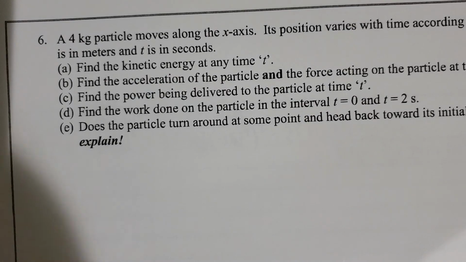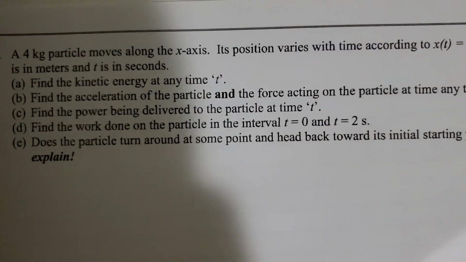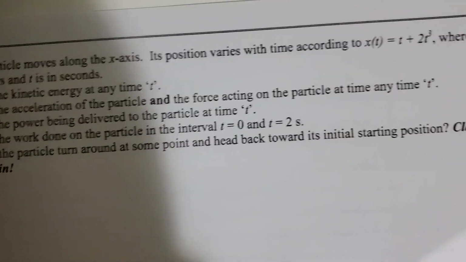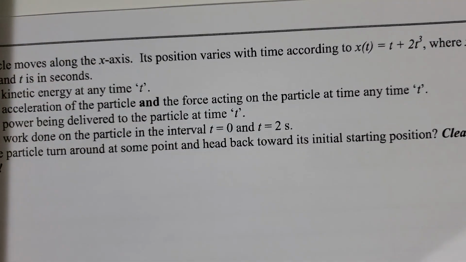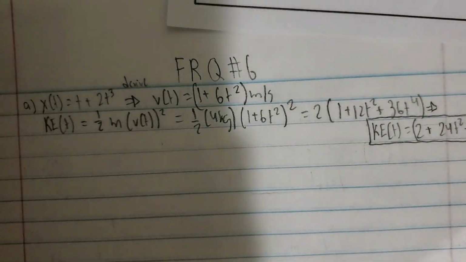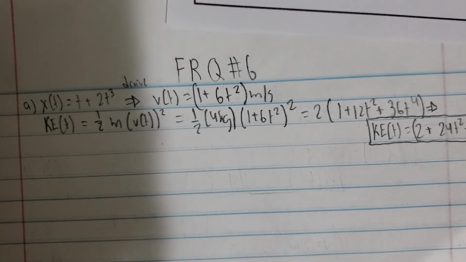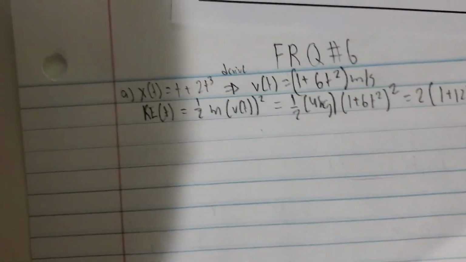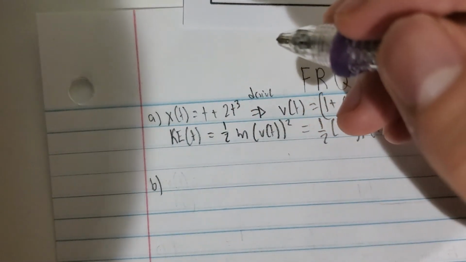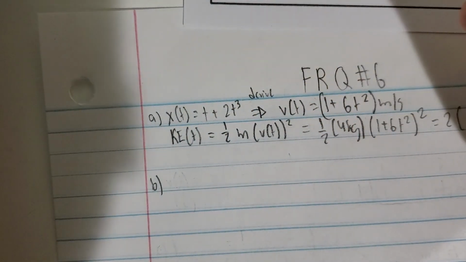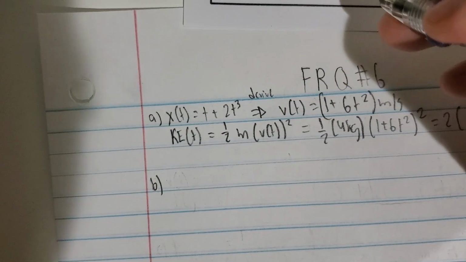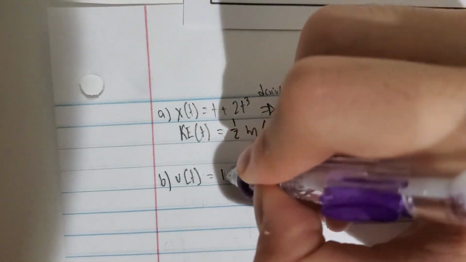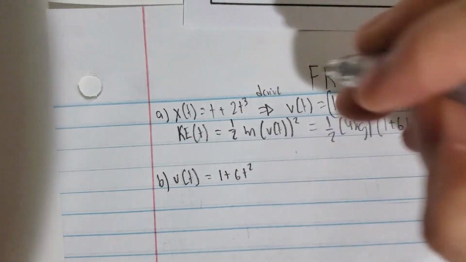Alright, part B wants us to find the acceleration of the particle and the force acting on the particle at any time t. So what they want us to do is find the function for a of t, for acceleration and force in terms of t. So first of all, for acceleration, what I have to do is take the derivative of velocity. So as a reminder, my velocity function is 1 plus 6t squared.